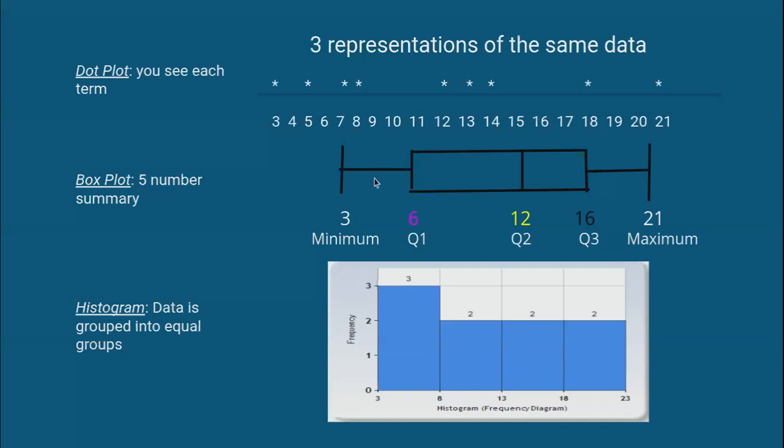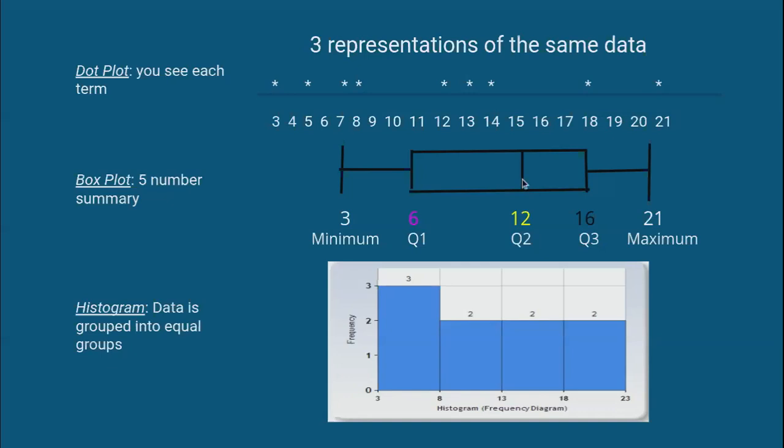Okay, so we know the range of the data set itself is 18, but the interquartile range, the range of the 50% of the data, is only 10. And we'll talk about interquartile range.